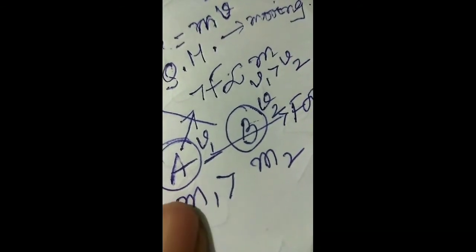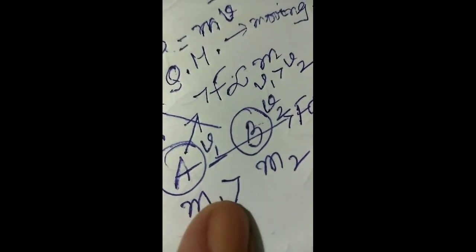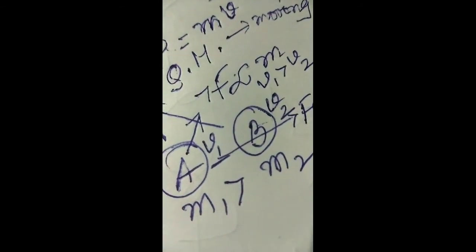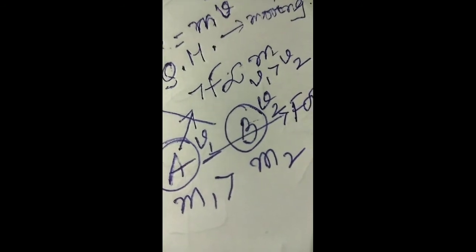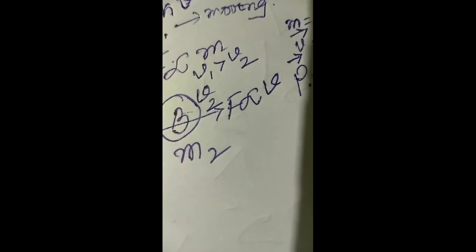So by this example we come to know that force is also directly proportional to the velocity of a moving body, which is known as the quantity of motion. What is quantity of motion? It is nothing but the momentum of a moving body.